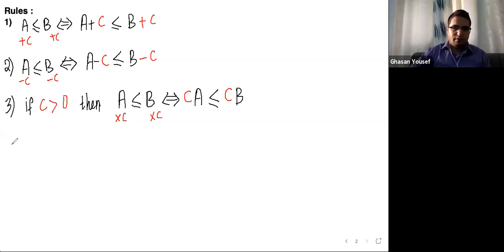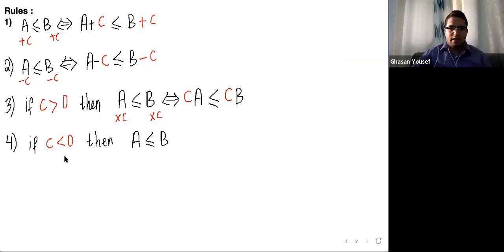Now for number 4: if my c here is a negative number, c smaller than 0, and a is less than or equal to b, we multiply both sides by this negative number c.